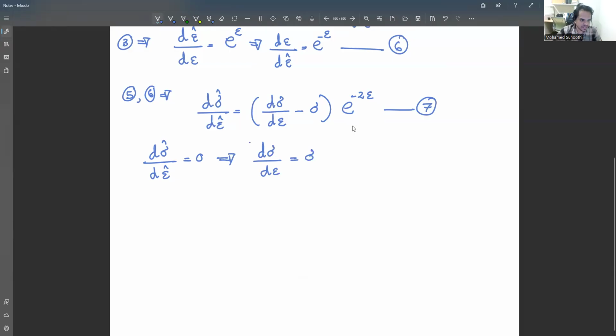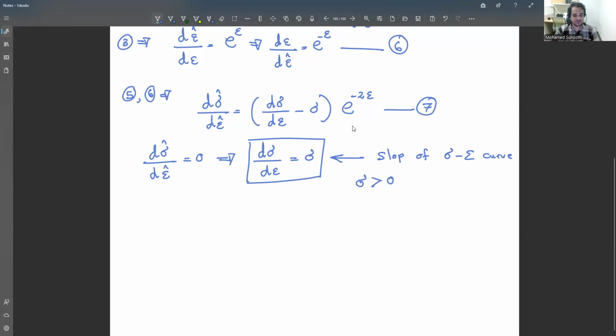So what is the meaning of this? This is actually the slope of the true stress-true strain curve. In this curve, sigma is always positive. If you don't apply the load, it's zero; otherwise it is positive.